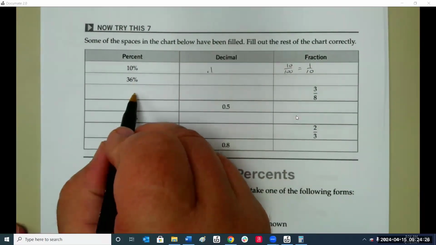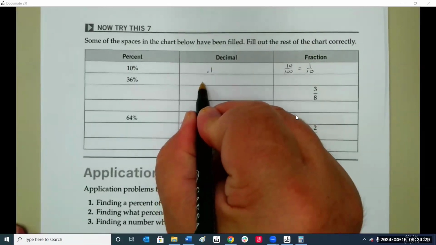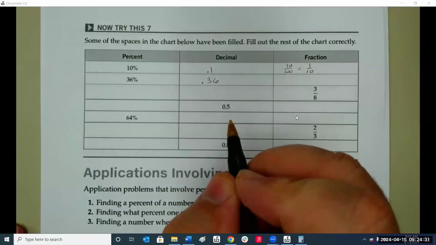36% is the same thing as what in decimal? 0.36.